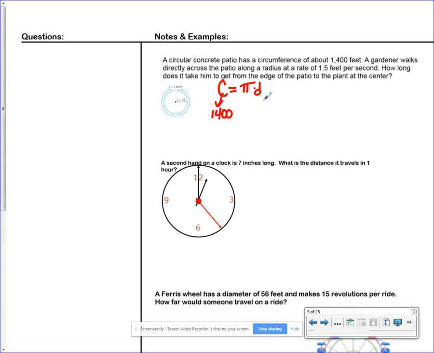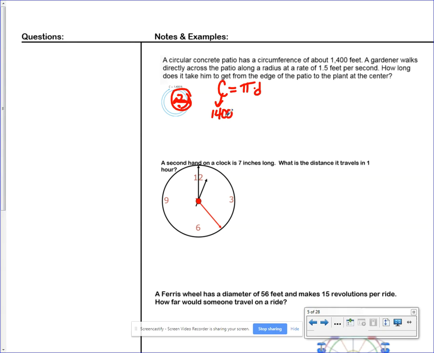Uh-oh. A gardener walks directly across the patio along a radius. Okay, so here's the radius. But we don't know how long this is yet. That's actually a question mark in there as far as what's the radius. And it's telling us that he's walking at a rate of 1.5 feet per second, and how long is it going to take him to get from that edge to the center where there's a plant.